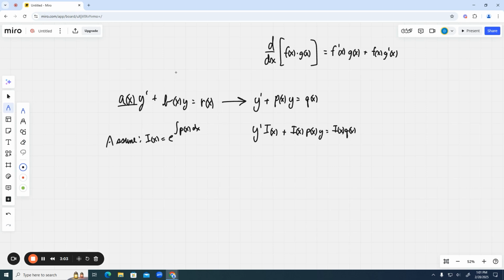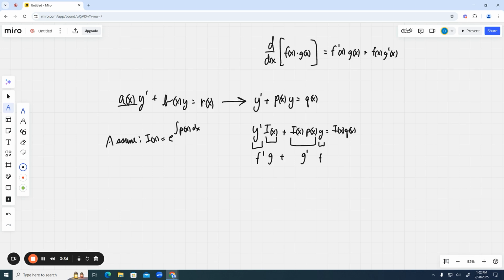And if you look at our equation, that's exactly what we've done here, where our y in this case is our f prime, our I of x is that function g, plus I of x times p of x is really our g prime. Our y is our f. And why is it our g prime? Well, remember, we defined I of x as e to the power of the integral of this function p of x right here.